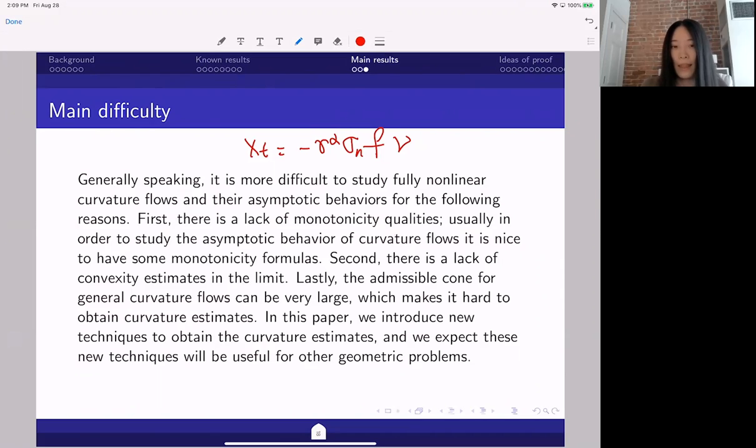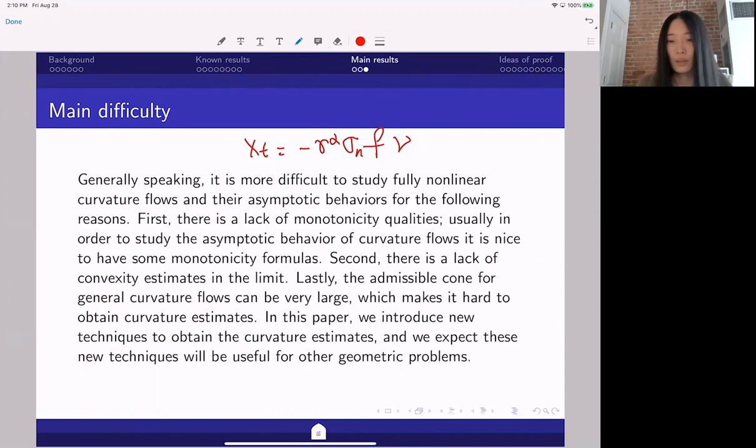So this is one difficulty in generalizing this result to sigma_k, because we currently don't have a monotonicity quantity. So we can only do f equals constant essentially.